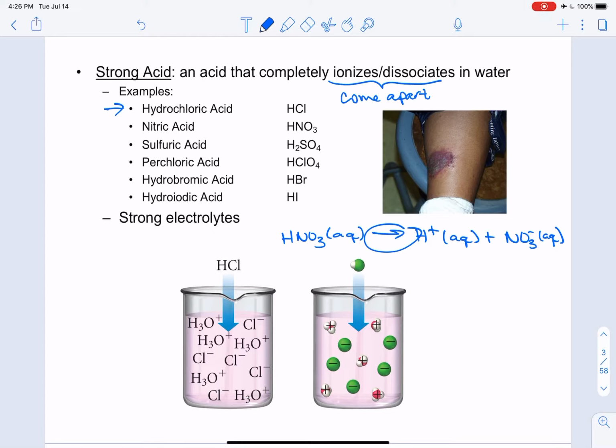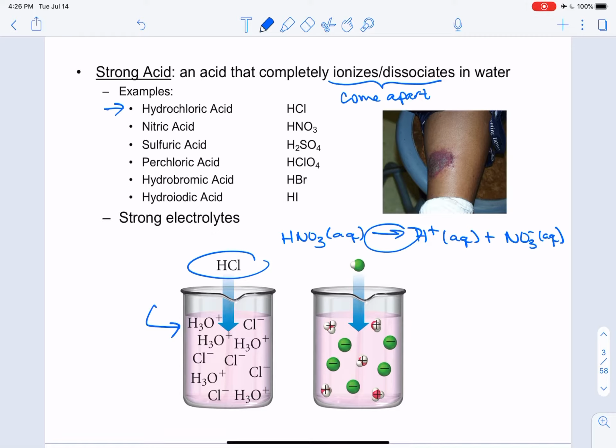We can see this with hydrochloric acid if we look at the beakers below. When we throw HCl into water, all of it comes apart into H plus and Cl minus, and the H pluses, they're going to hop onto the water, and you see that right there. And you don't see any HCl's that are stuck together still floating around in that water. You just don't have them. The HCl completely ionizes. It completely dissociates. It completely comes apart.